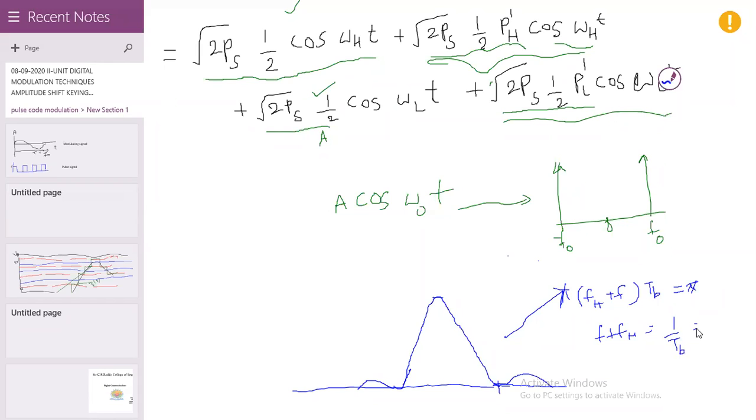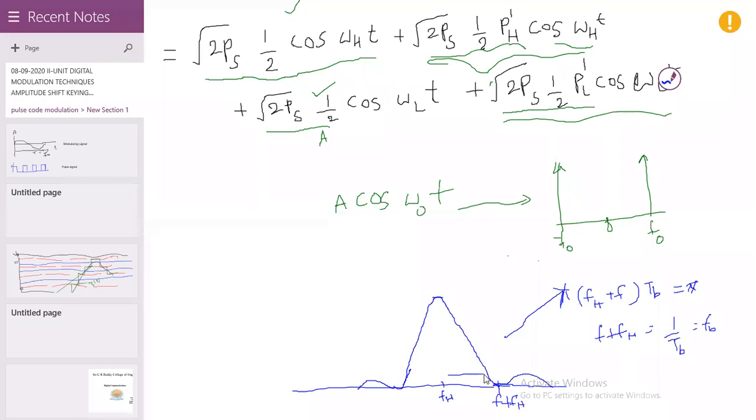This is equal to FB. So we can indicate the distance F plus FH.